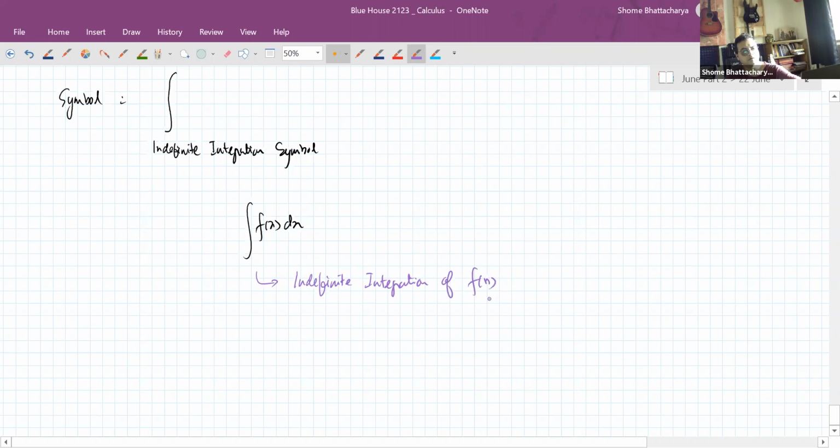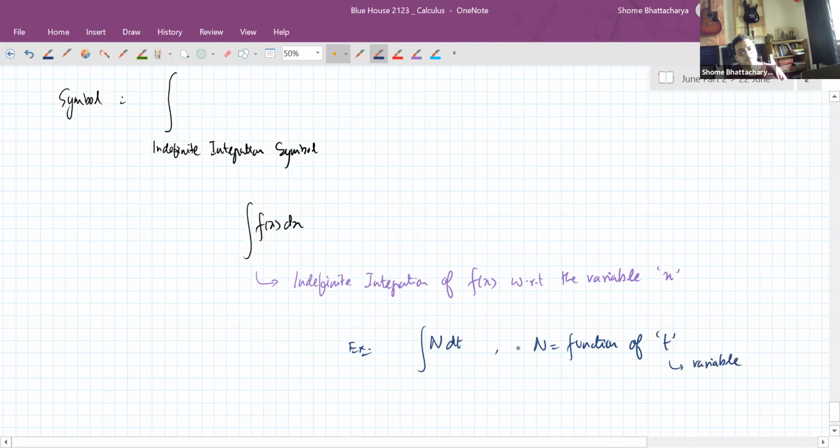But the dx is there to tell us that it is with respect to the variable x. So for example, if I say I have integration of n dt, it is understood here that n is a function of the variable t.